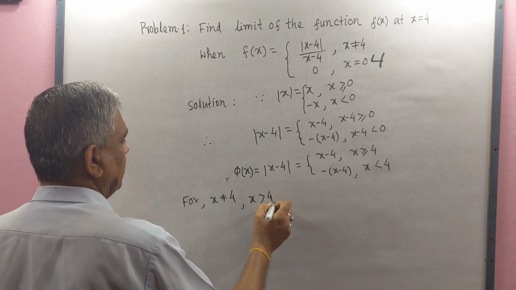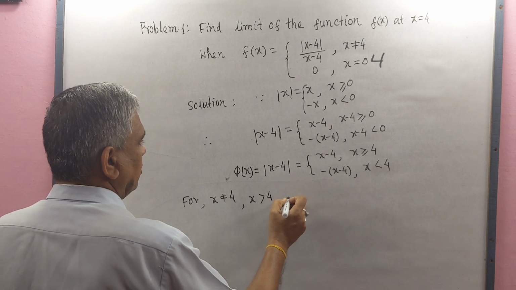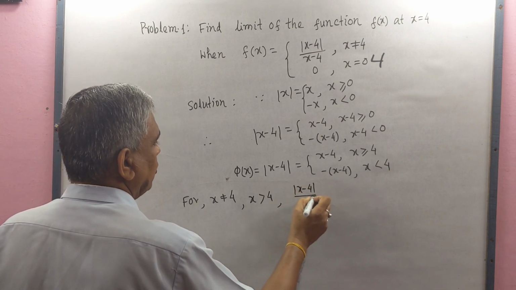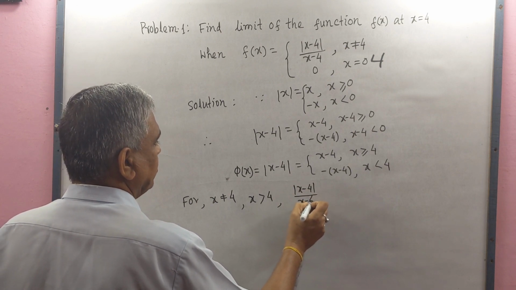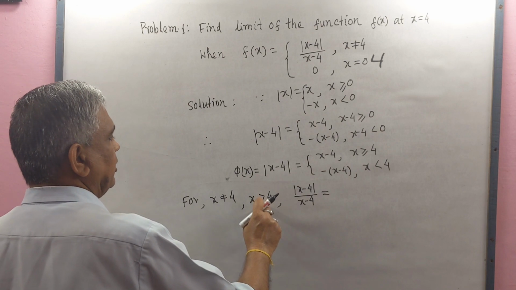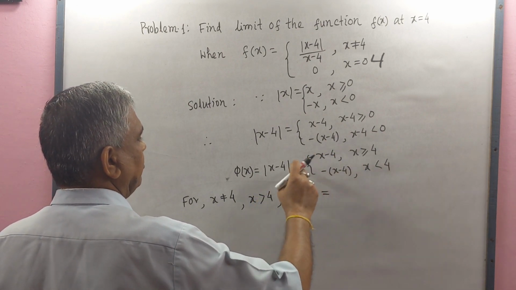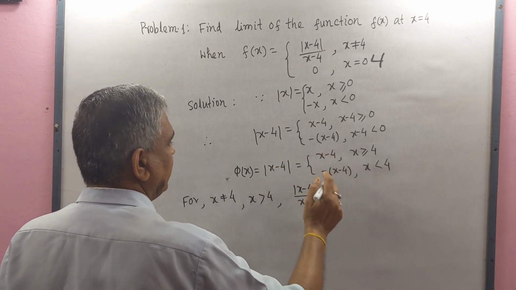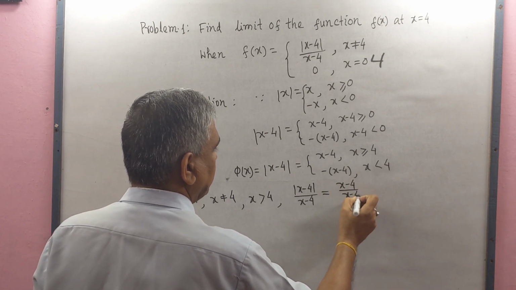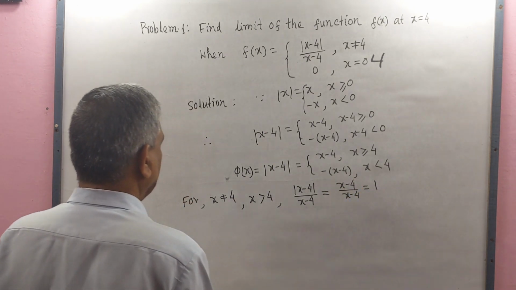If we take modulus of x minus 4 by x minus 4, for x greater than 4, then modulus of x minus 4 is x minus 4, and x minus 4 by x minus 4 equals 1.